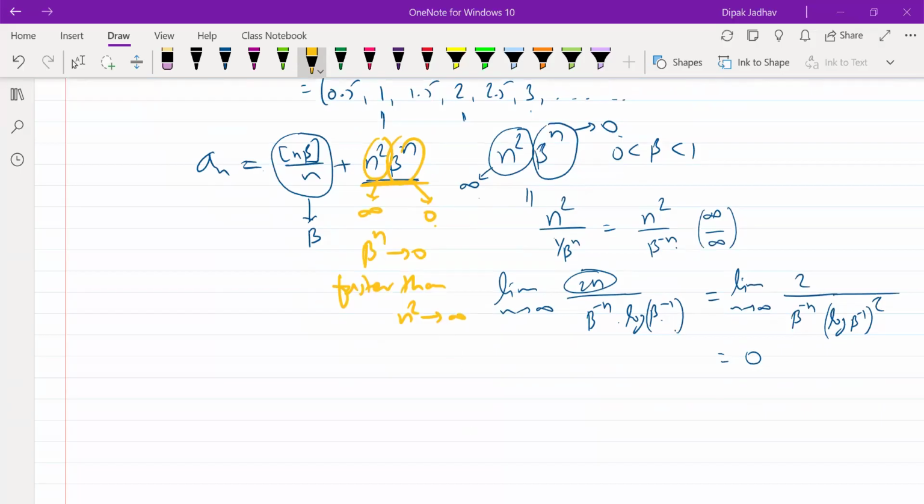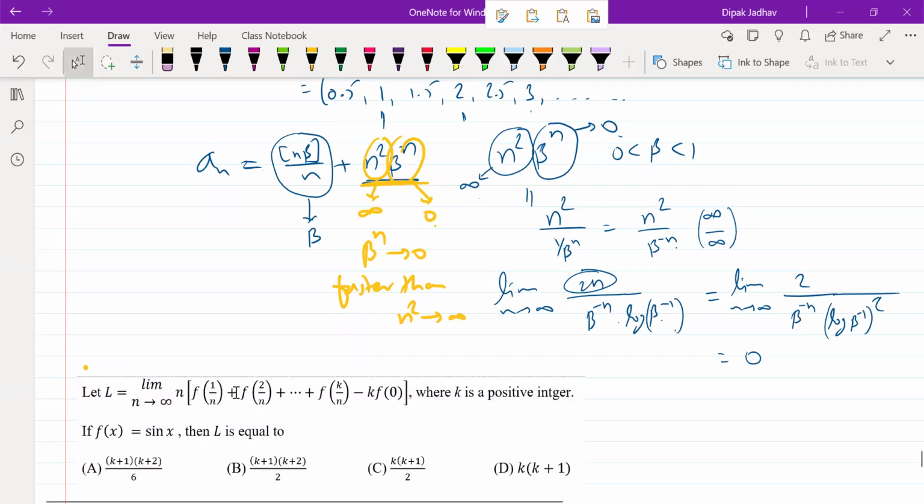Sir, I have a question. Is there any sequence to know this, as you said beta to the power n is going faster than n square going to infinity? Is there any short trick?